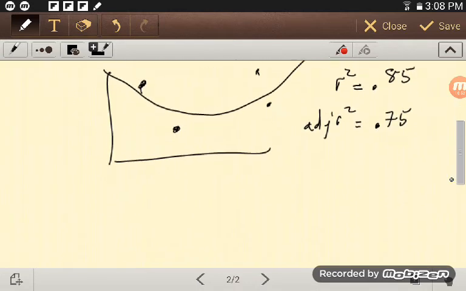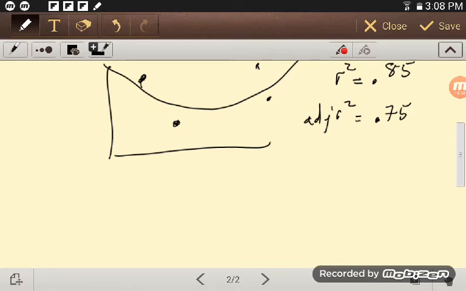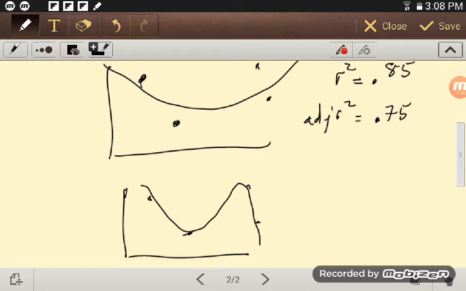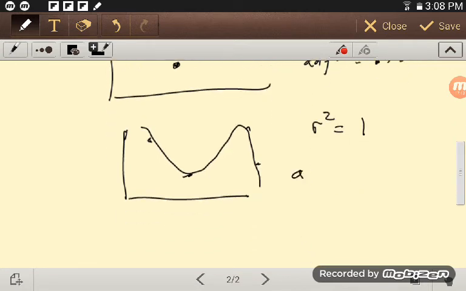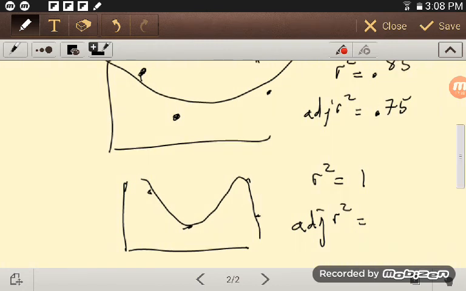But then what could happen is, suppose I go to a cubic, and maybe that cubic looks like that, because a cubic could hit all 4 data points. And so here we all of a sudden get an R-squared of 1. Wow, that looks fantastic. But it could turn out that the adjusted R-squared on this is actually something more like 0.7 again.